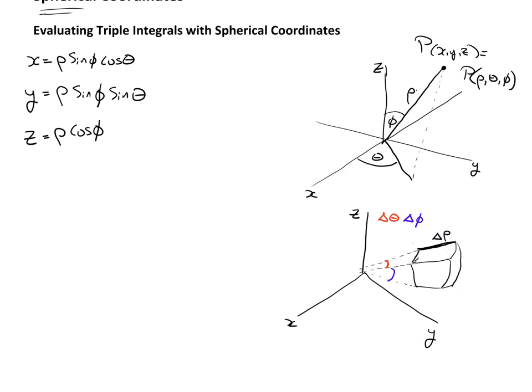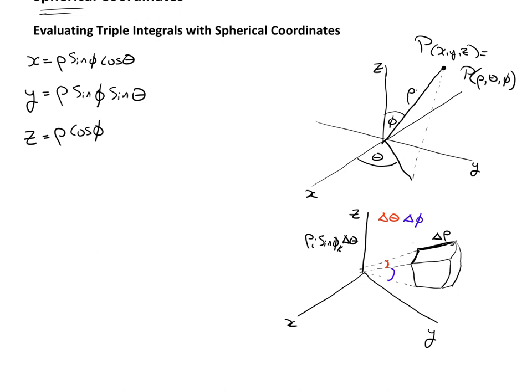This is actually an arc length, and this arc length, I'll come over here and write it, will be rho i sine of phi k, and then delta theta.